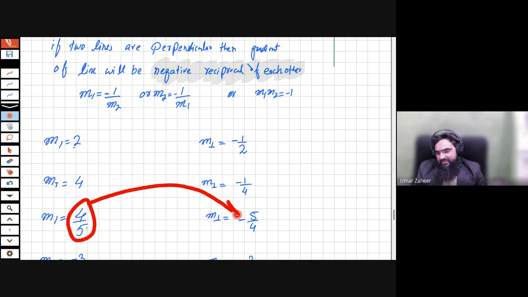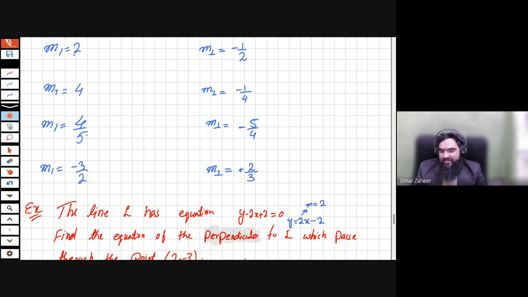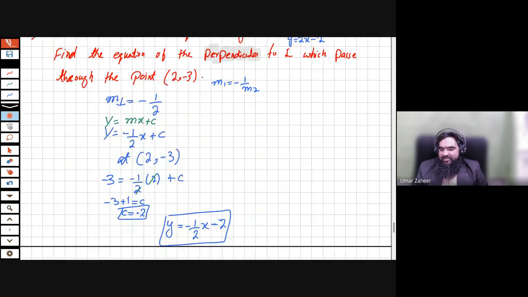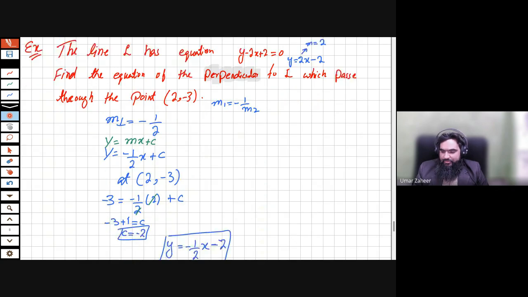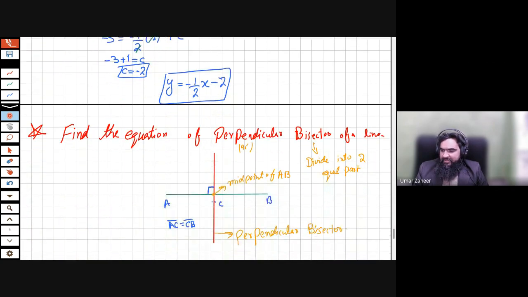And if it is negative, it will become positive with the reciprocal, 2 over 3. In the same way, we have done the question in which the examiner says the line is perpendicular to a line, and we utilize this fact to find the equation of the perpendicular line.